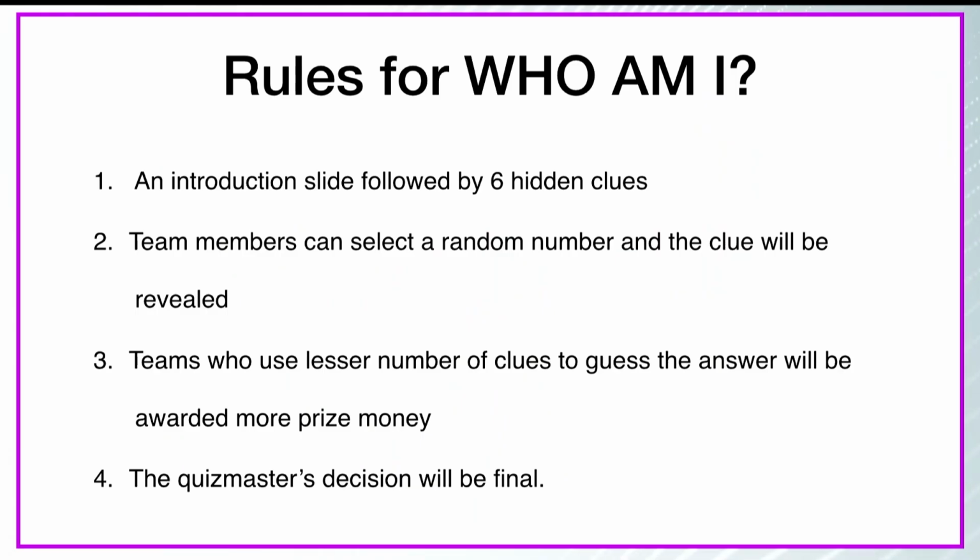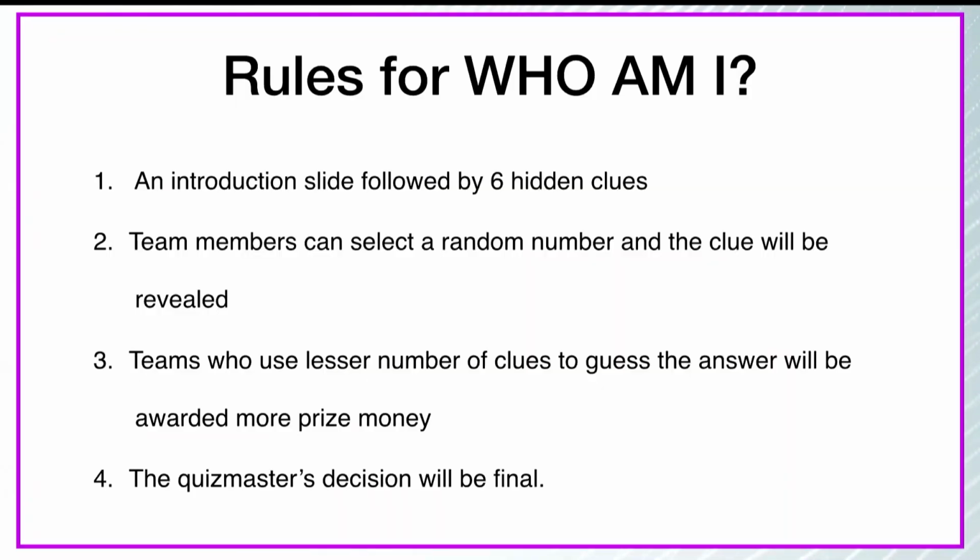So rules. There is no timer. So rules are like an introduction slide will be given, which will have a symbolic representation of the diagnosis, and we will be given 6 clues.